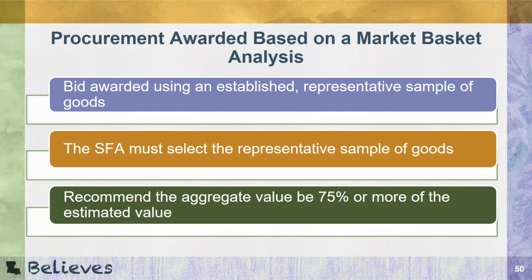The U.S. Foods contract, USDA found out that they never provided the prices for the other items on the U.S. Foods contract. So the SFAs in Louisiana are limited to using the original representative sample of goods that were put into the market basket.